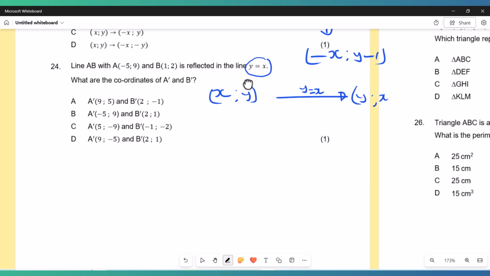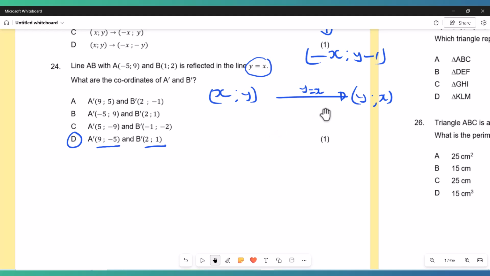So the one which was A, minus 5 is to positive 9, becomes positive 9 is to minus 5, so that we see it here. Okay. Then our B, which was 1 is to 2, becomes 2 is to 1, which is also here. So the answer becomes D.